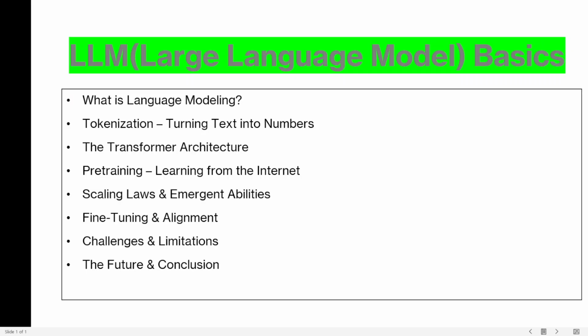To complete "2 plus 2 equals dash," it needs arithmetic. To complete a line of code, it needs programming knowledge. So this seemingly simple objective, next word prediction, forces the model to learn grammar, facts, reasoning, and even some common sense. All of that knowledge is implicitly captured in the statistics of language.